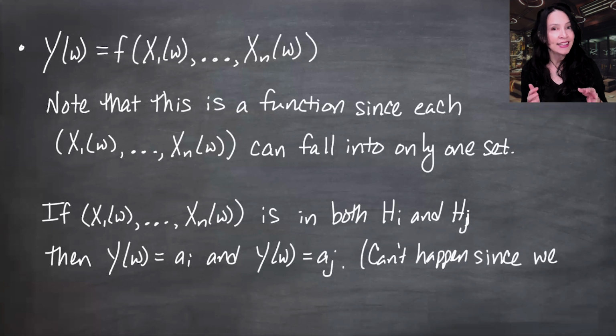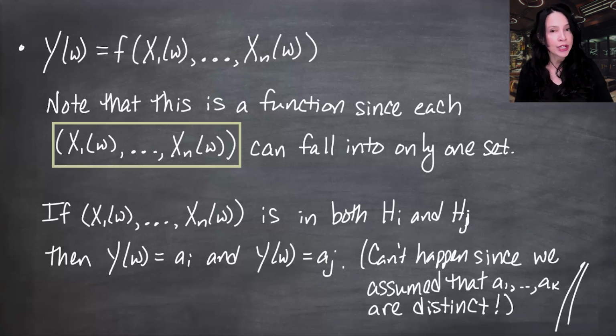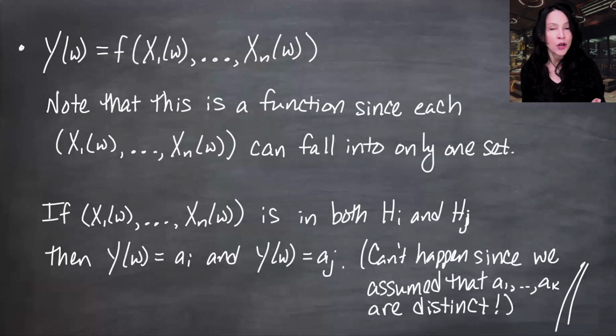But we said that the a's are distinct, so we can't have this happening, and that's why we know that each of these random points can fall into only one of the h sets. And that's it. We're done with the forward direction of part double I of today's theorem.